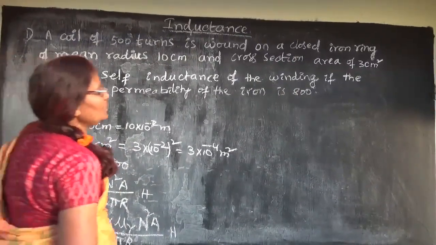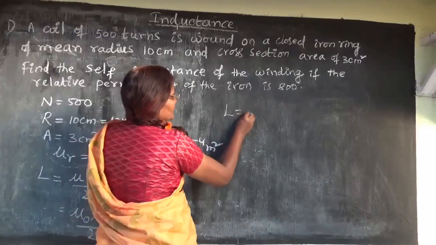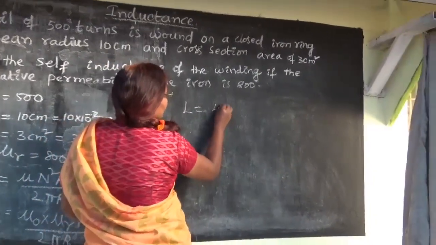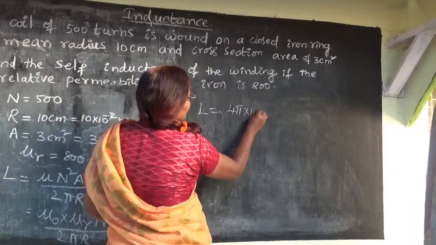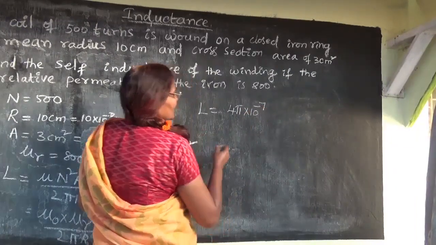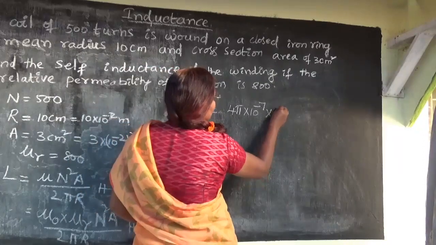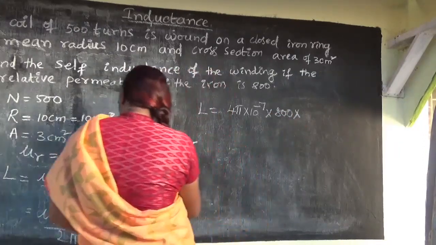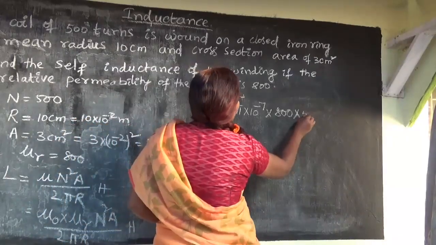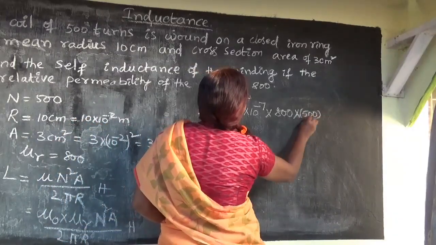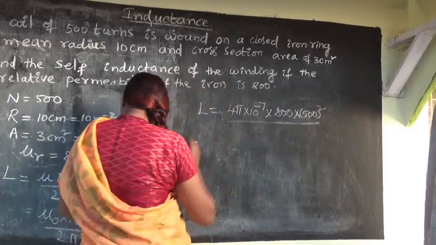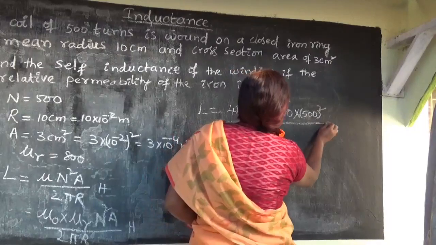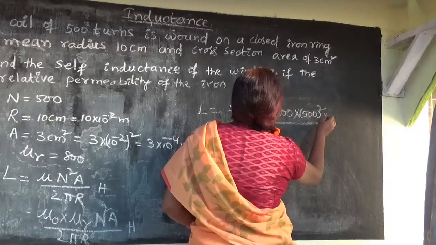Now what is my mu naught? L is going to be, what is my mu naught? 4 pi into 10 to the power of minus 7 into mu r is equal to 800 into n square, which is 500 whole square, divided by... n square into area is also there.